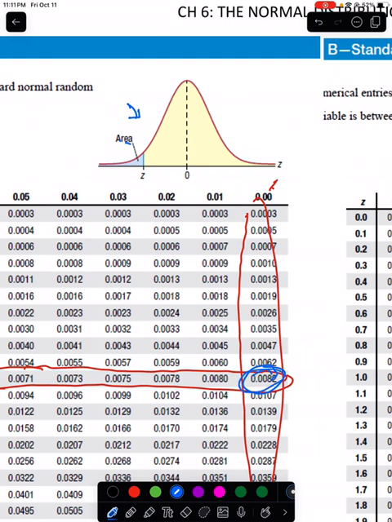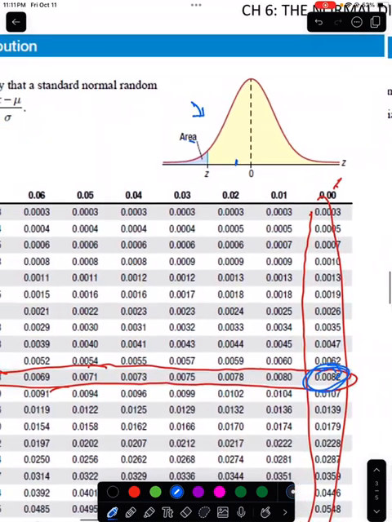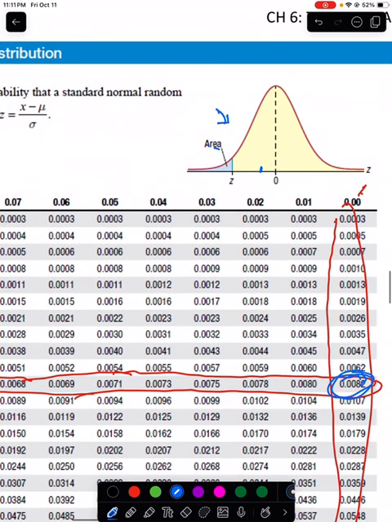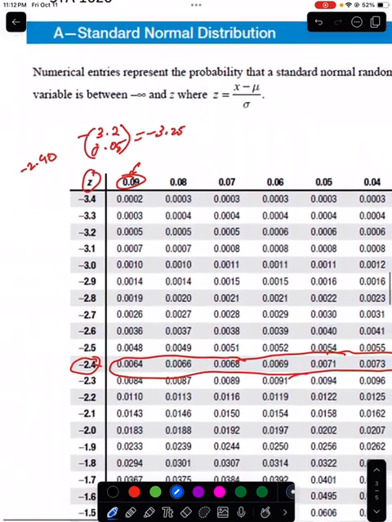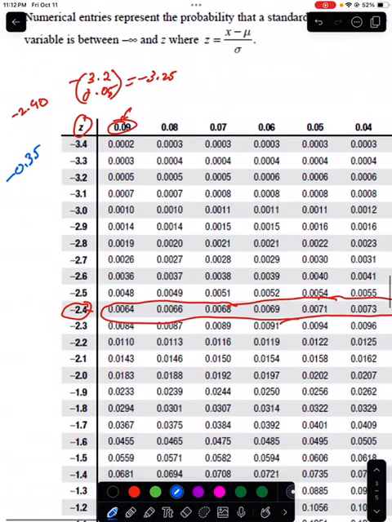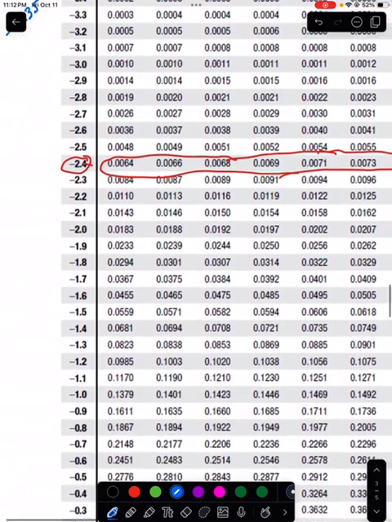So if you go closer to the mean, like if z is somewhere here, between 0 and 1 standard deviation, so for example, if z is negative 0.3 or maybe negative 0.35, what we do is go to negative 0.3, which is down here.